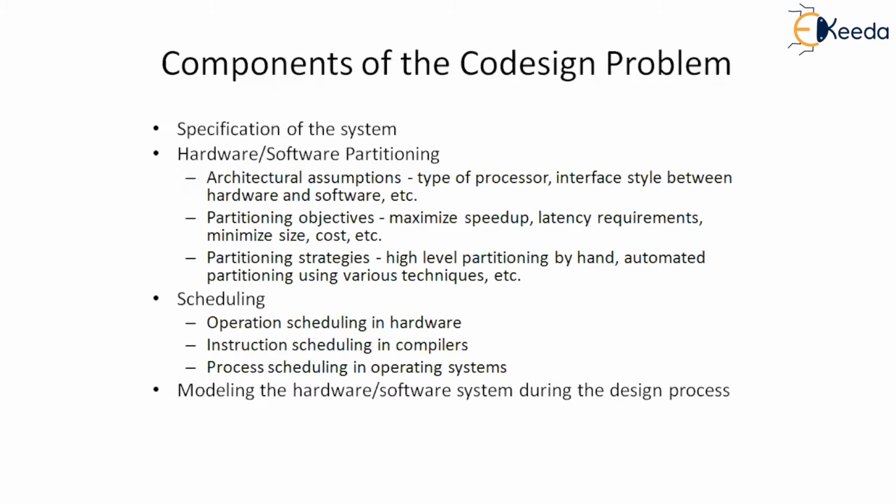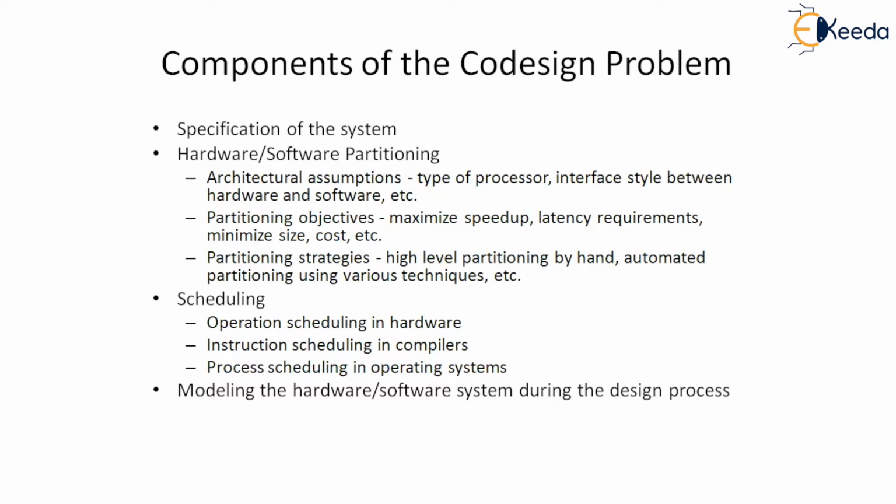Okay, then the last point of hardware software co-design is the components of the co-design problem. It requires the specification of the system, and hardware software partitioning, with architectural assumptions like the type of processor and what interface it will require between hardware and software.